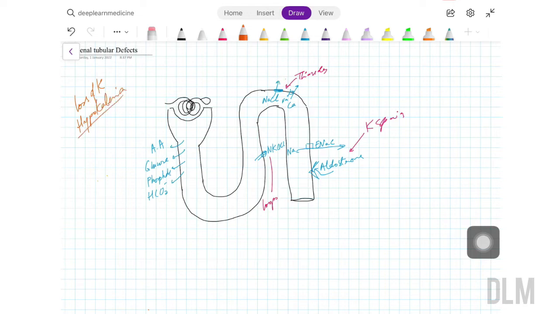And when you look at the lab values and the pH, you'll notice that most of them will have a rise in pH, which is also known as metabolic alkalosis. Except for one of the renal tubular defects, all of them will have metabolic alkalosis, right?